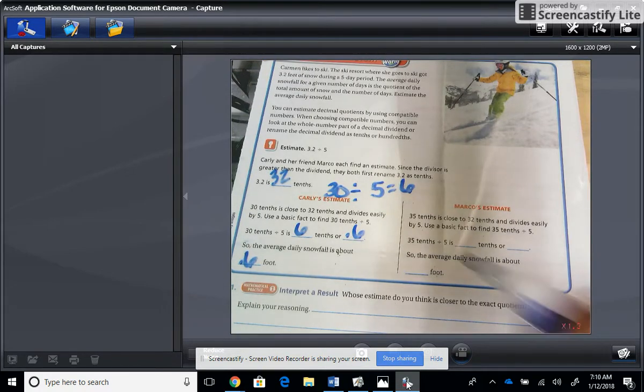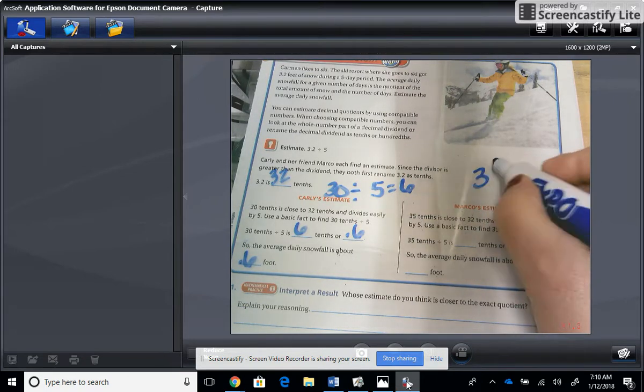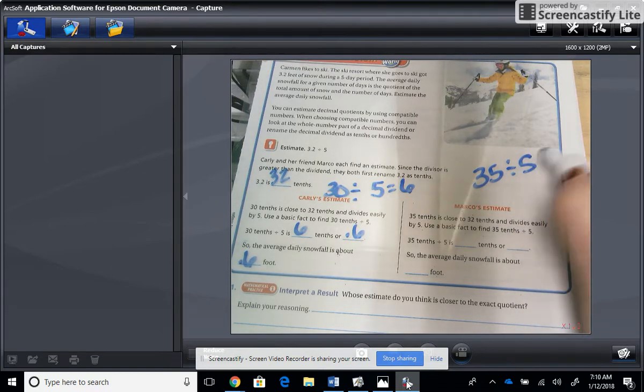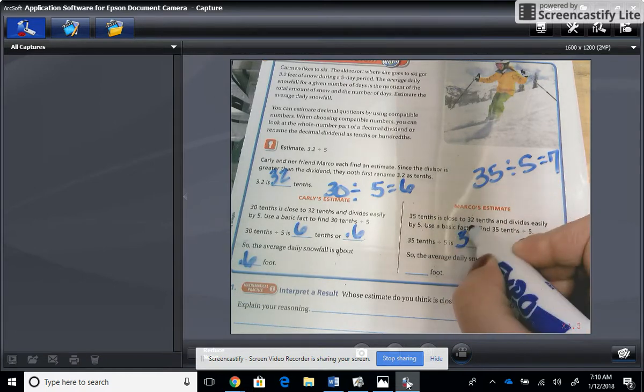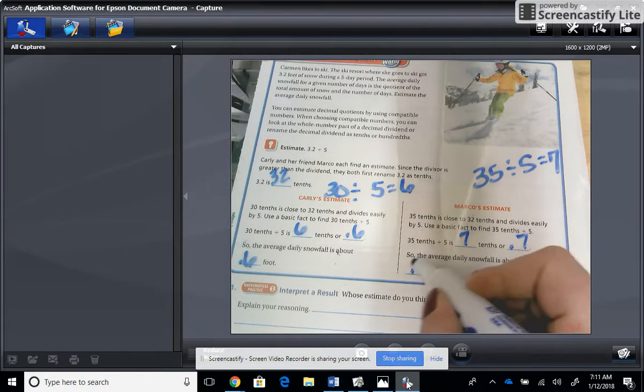Now, Marco decided to go higher because he knew that 35 was a compatible number of 5, and so that was 7, but it was 35 tenths, so if we divided that, that is 7/10.